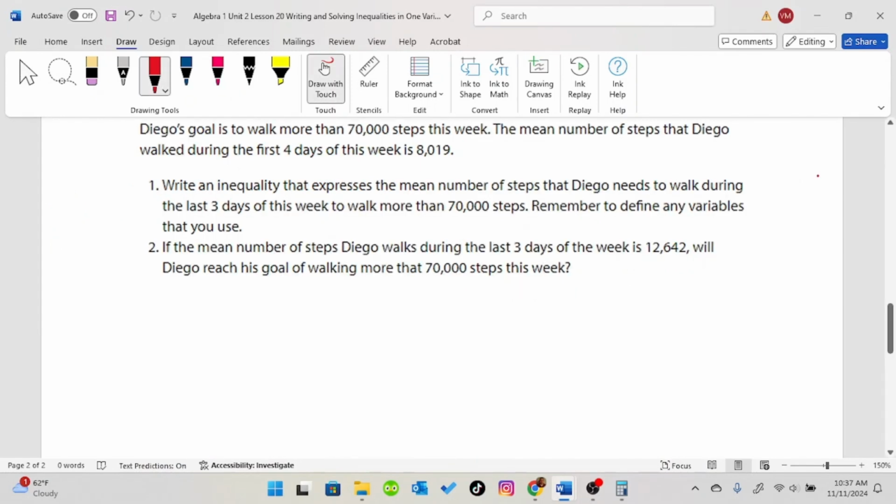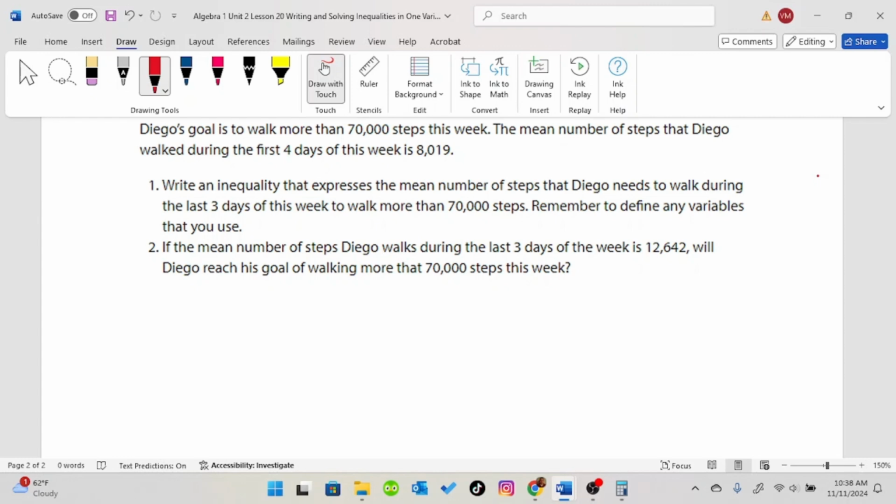Our last practice problem says Diego's goal is to walk more than 7,000 steps this week. The mean number of steps that Diego walked during the first 4 days of this week is 8,019.